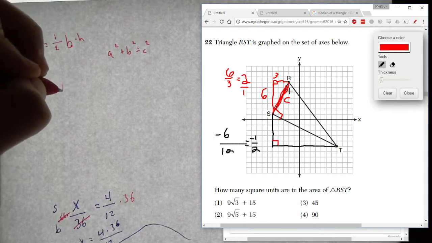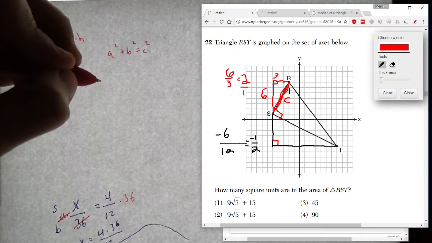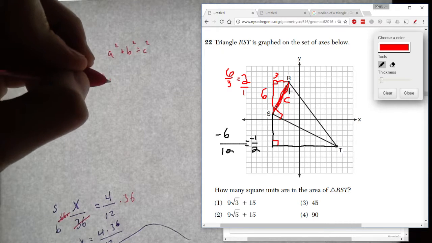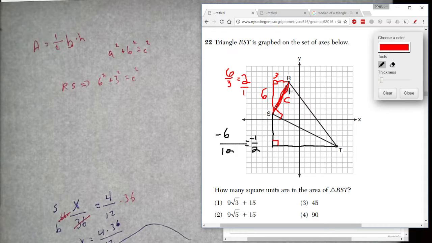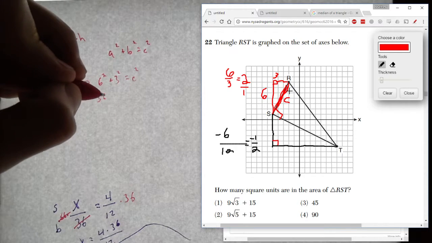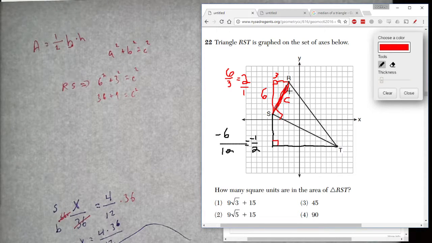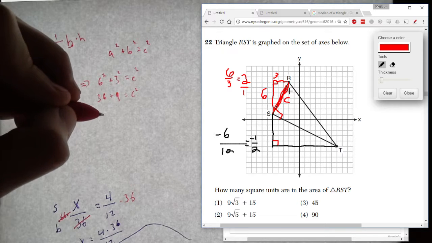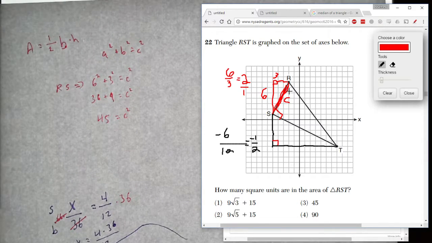So the length of RS, I'm going to get by 6 squared plus 3 squared equals c squared. This is 36 plus 9 equals c squared. This becomes 45 equals c squared.